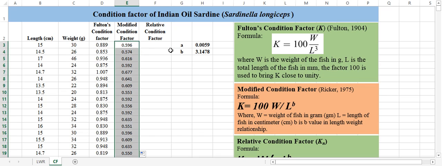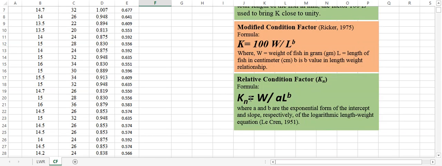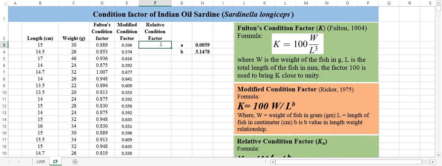Now the next one is the relative condition factor. The equation is weight by a into L to the power b.